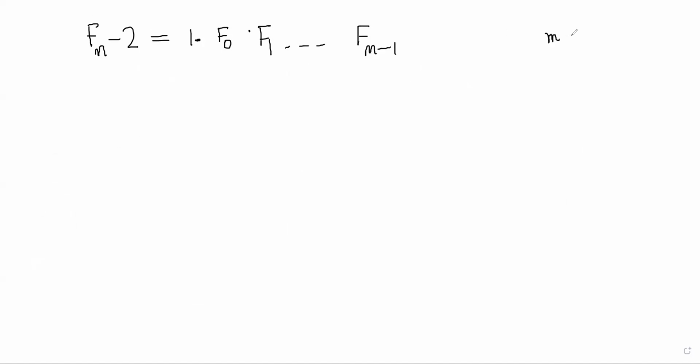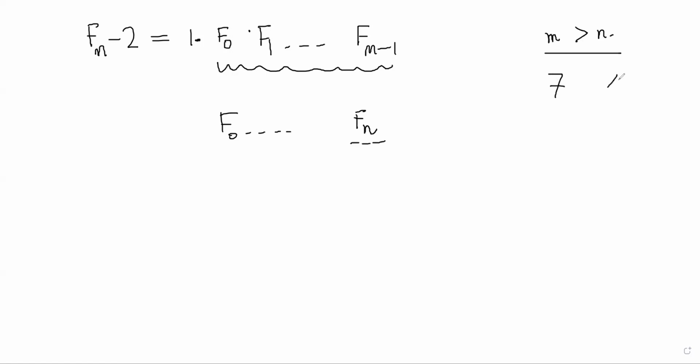And we know from the problem that m was greater than n, right? So among these different f's, there should be somewhere where f of n comes in. Let's say this was 7 and this was 4.